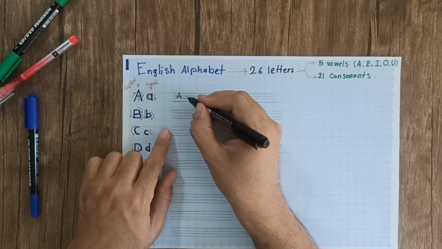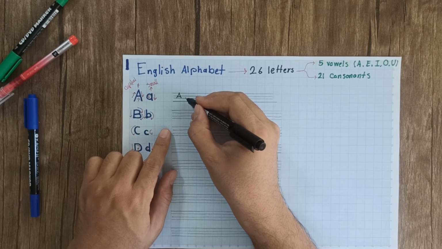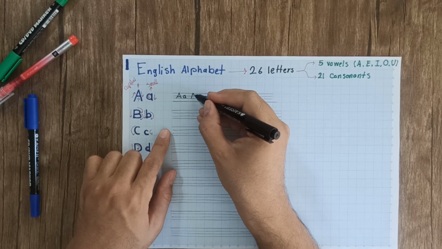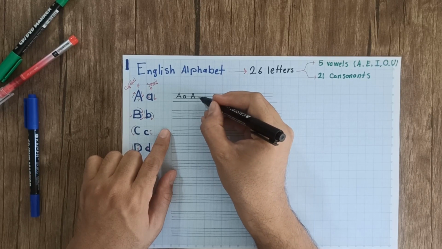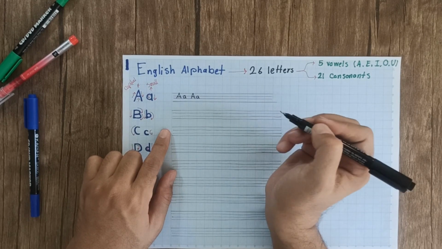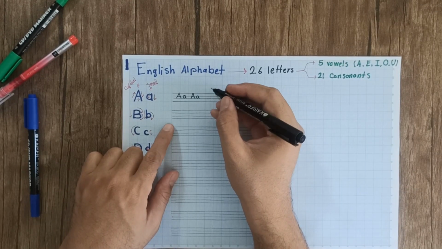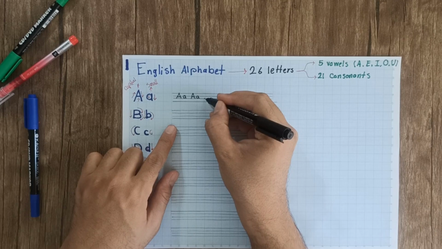And for the small letter, it should be placed between these 2 small lines, okay? These are 2 middle lines, like this way, A, okay? I repeat it again, you see, this way, that's A, and we have a, okay? It's really easy and straightforward. So, let's do it again together.